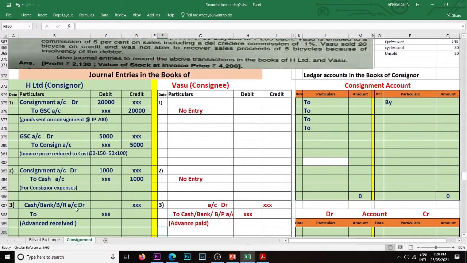Now the advance of 10,000 rupees: bills receivable account debit to Vasu account. Amount advance is 10,000. For the bill accepted, H Limited account debit to bills payable account.